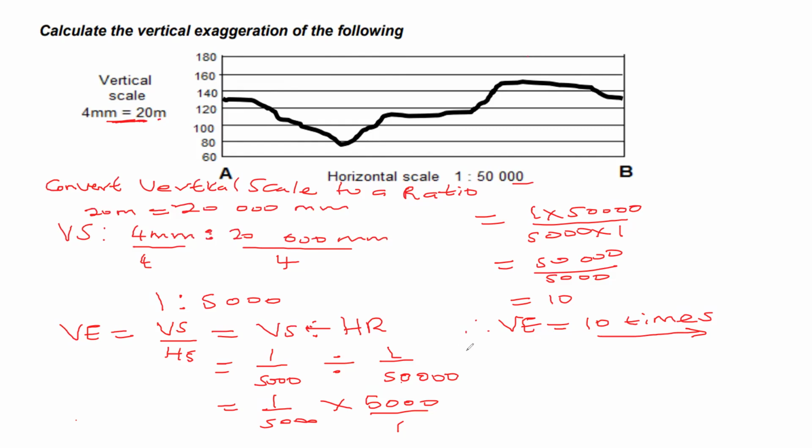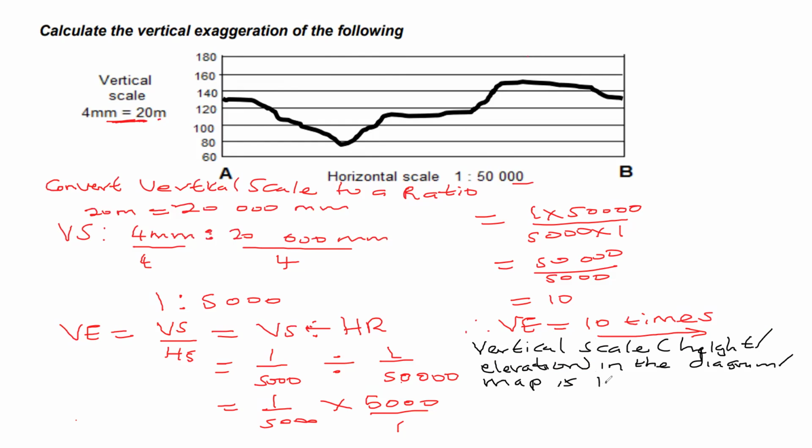So this means that the vertical scale, it could be the height or elevation, in the diagram or the map is 10 times larger than the horizontal scale.